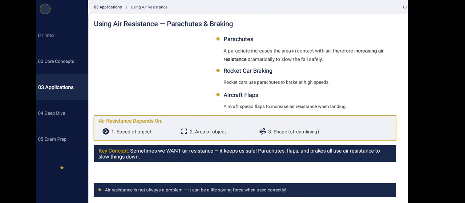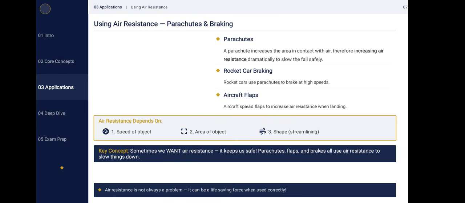However, when the parachute opens, it creates a massive increase in surface area compared to the person's body. Suddenly, instead of a small human shape falling, you have a giant canopy catching thousands of air particles every second, and this creates a massive upward force of air resistance that opposes the downward pull of gravity.